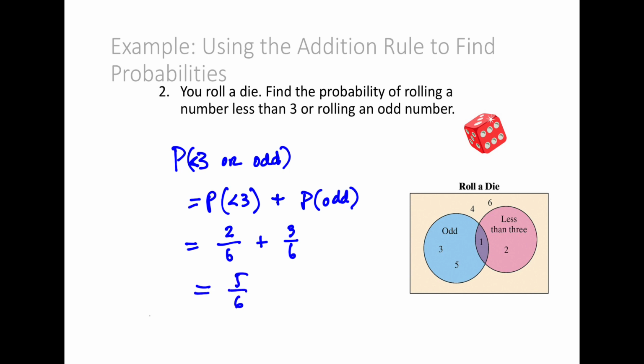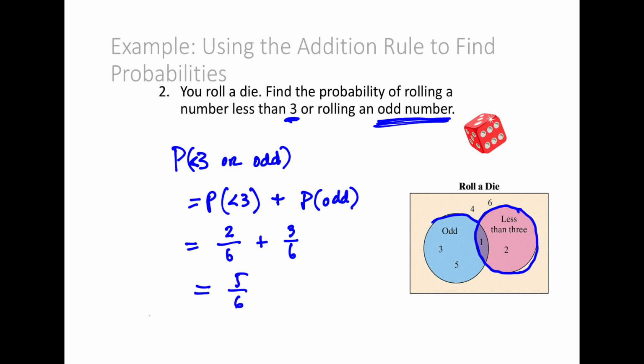So are there ways that I've overcounted in this situation? When we think about the rolls that would be less than 3 or something that's odd, we see that there's an overlap, right? When I counted up the less than 3, there were 2 numbers, 1 and 2.